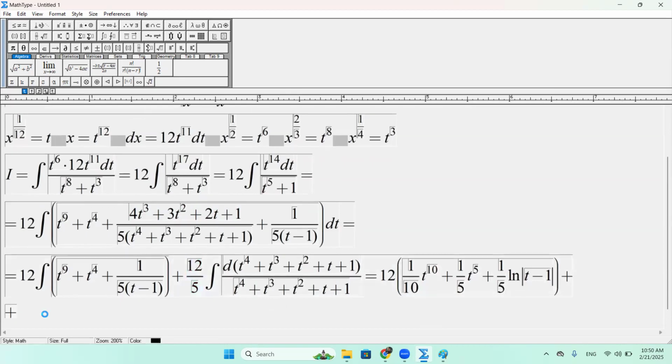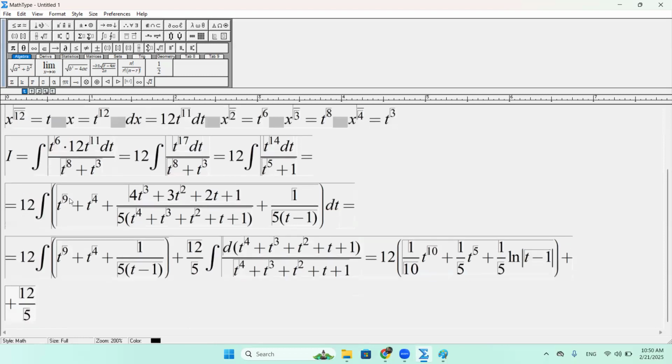And again, we have the table integral, so logarithm of this expression plus c.